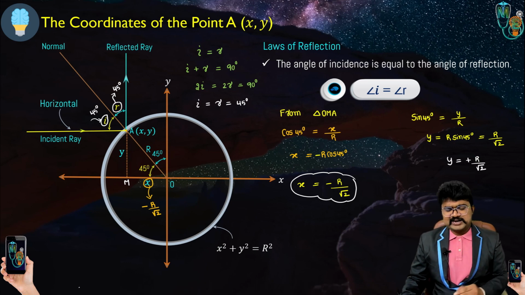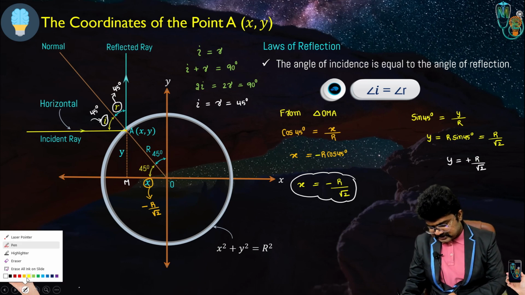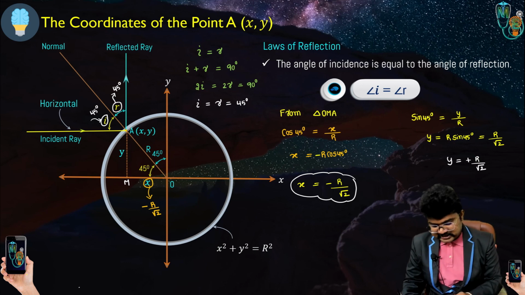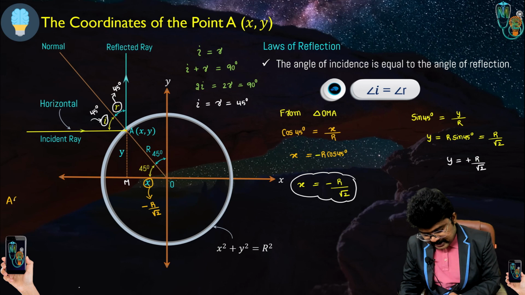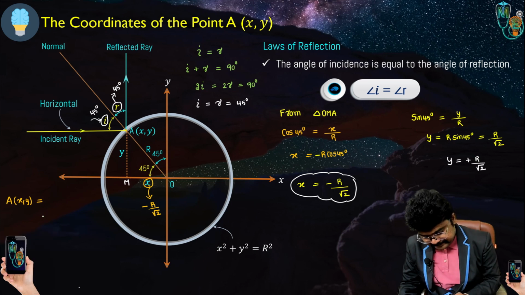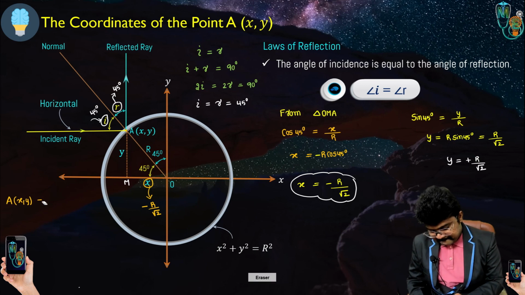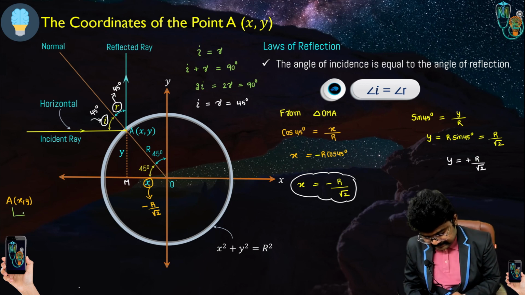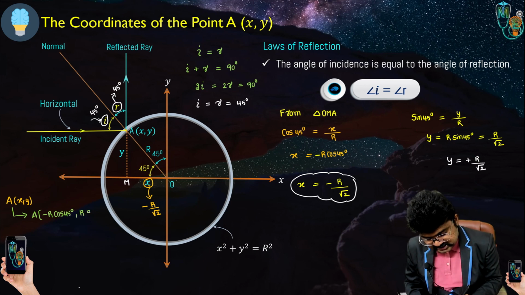So, if you are interested, you can directly write A as x comma y equals minus R cos 45 comma R sin 45.